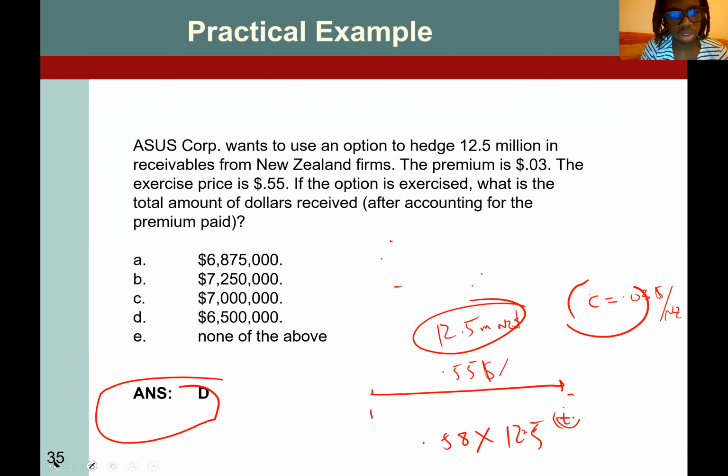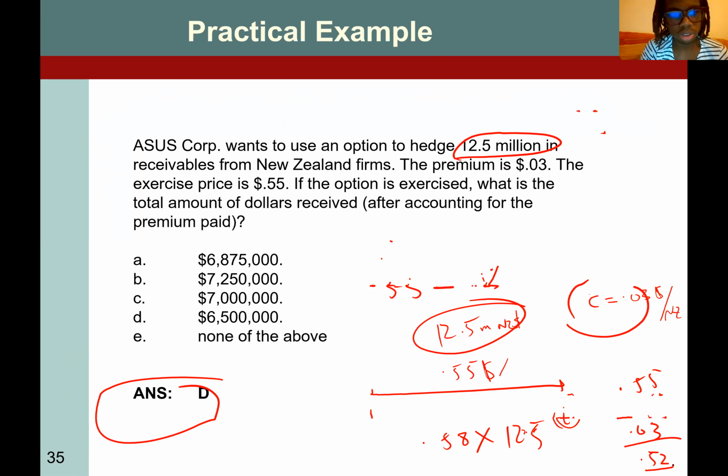You are receiving the 12.5 million, you will be selling at 0.55, and you would be paying the premium. Premium is your cost. So 0.55 minus 0.03, answer would be 0.52, because you also pay the premium.